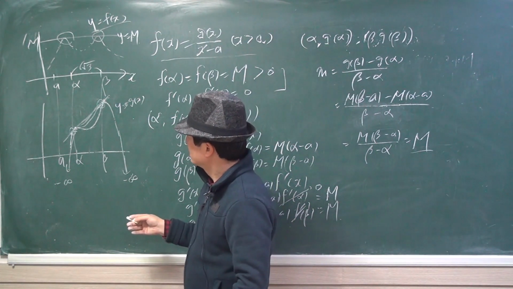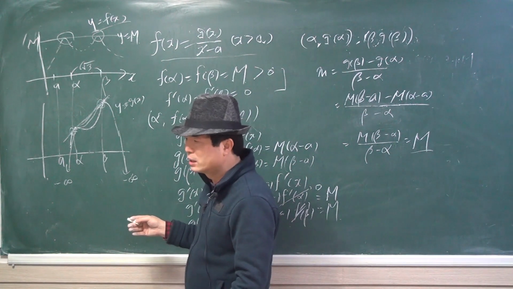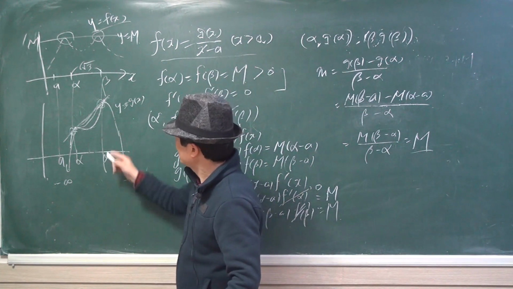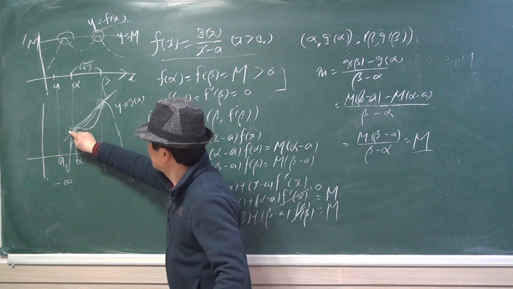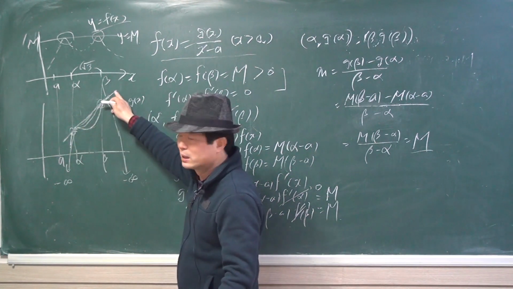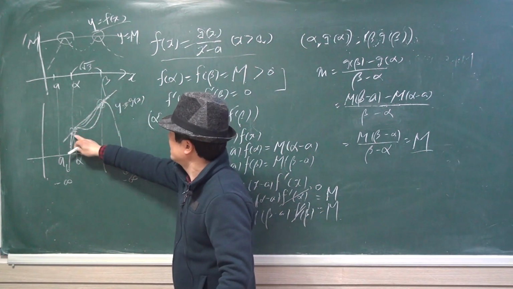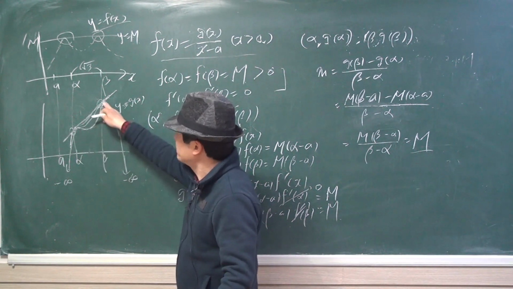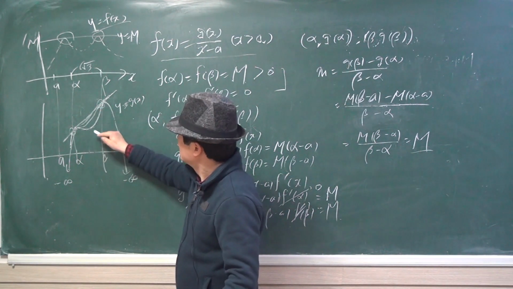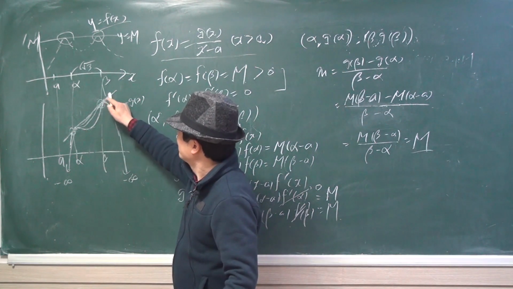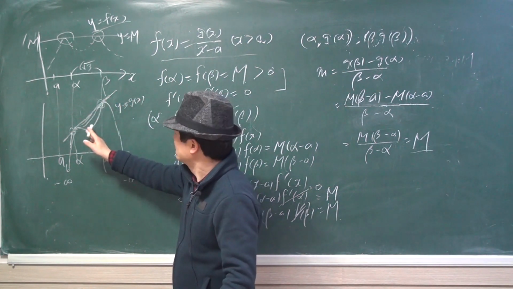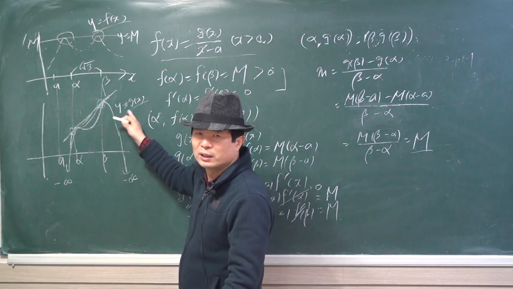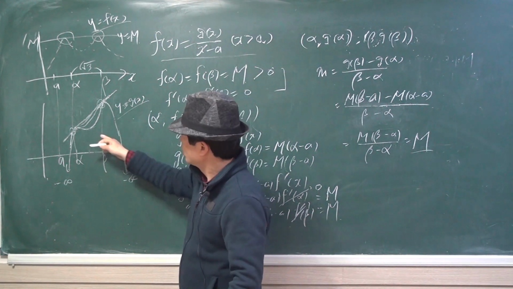But there is one thing we know. This line segment is tangential to (alpha, g(alpha)) and (beta, g(beta)). So if the slope changes, the shape of g(x) can also change accordingly.